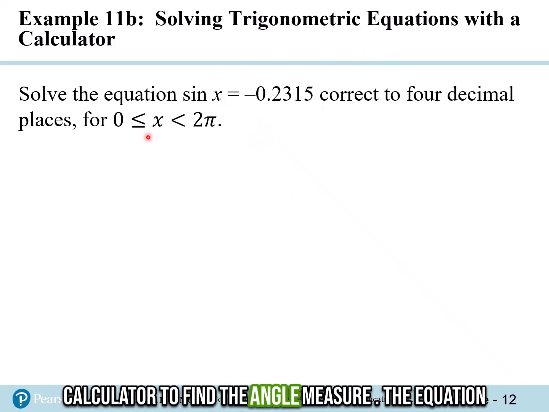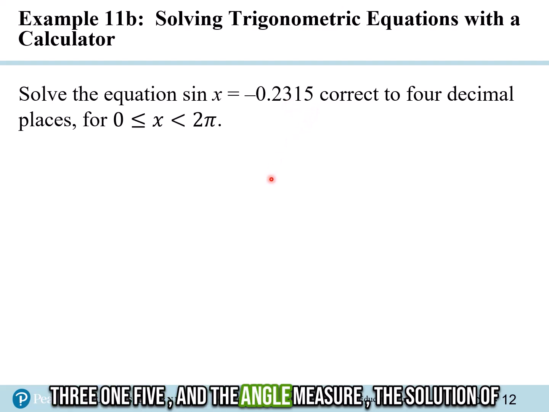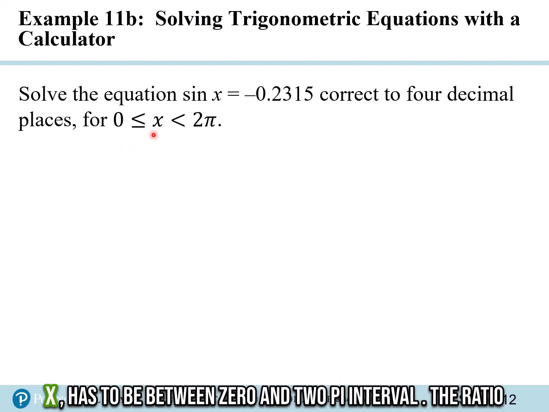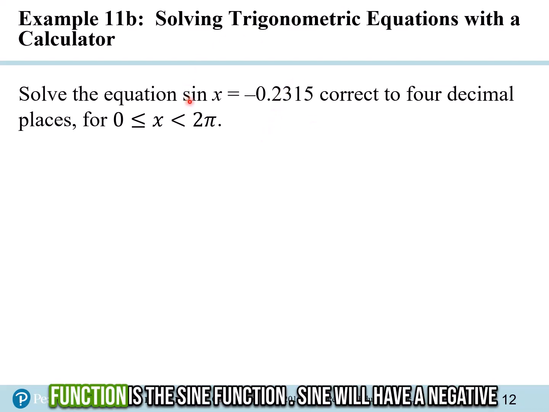All right. Here's another example of a trigonometric equation which will need the use of a calculator to find the angle measure. The equation given to us is sine of x equals -0.2315, and the angle measure, the solution of x, has to be between 0 and 2 pi interval. The ratio given to us is a negative ratio, and the trigonometric function is the sine function.